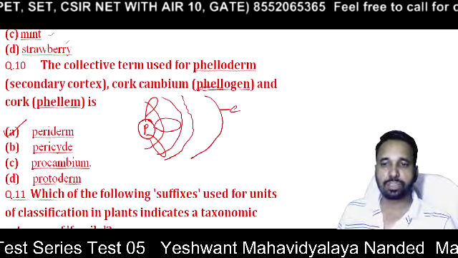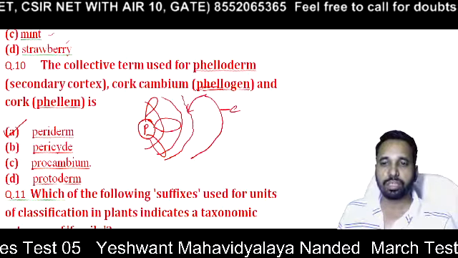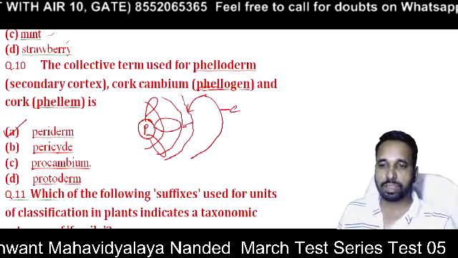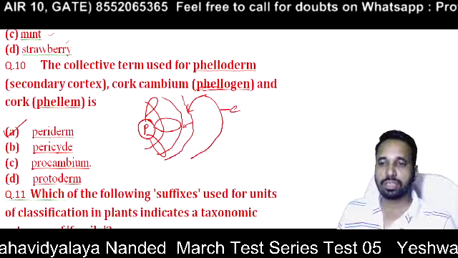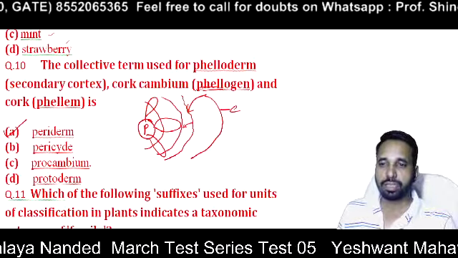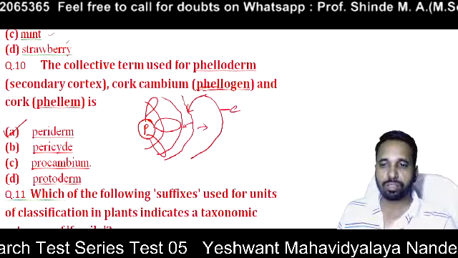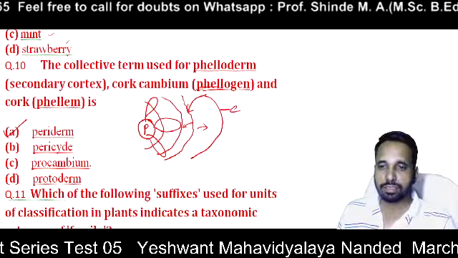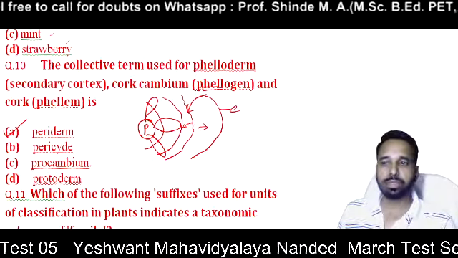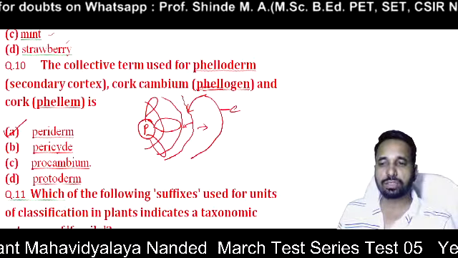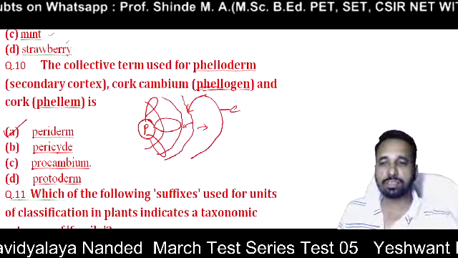Yes, this is the phellogen or cork cambium. Okay, now the area which is inside to the cork cambium, it is called as secondary cortex. Okay, that is phelloderm, and the area outside this here, it is called as cork or phellem. So together these three, that is phelloderm, then cork cambium and finally the cork, all these three together they are referred to as periderm. You shouldn't forget this one.